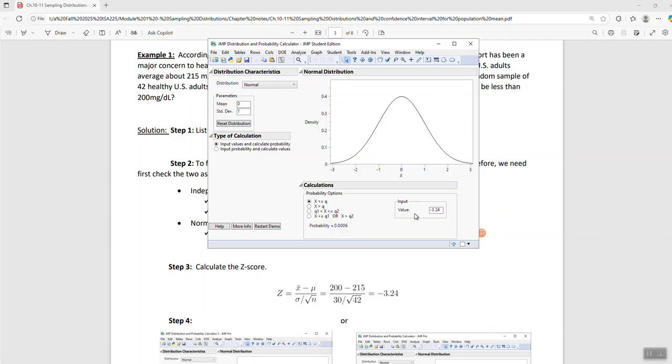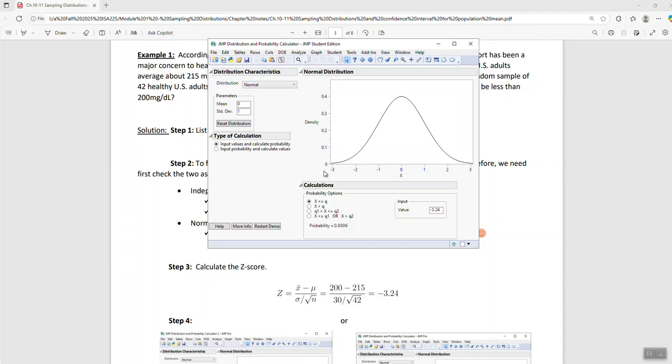That's because our z value is -3.24. Less than -3.24 will be far away from the center, so it will be somewhere here. It doesn't mean it is not shaded. It's just that by our vision, it is hard to see that very, very small shaded area.